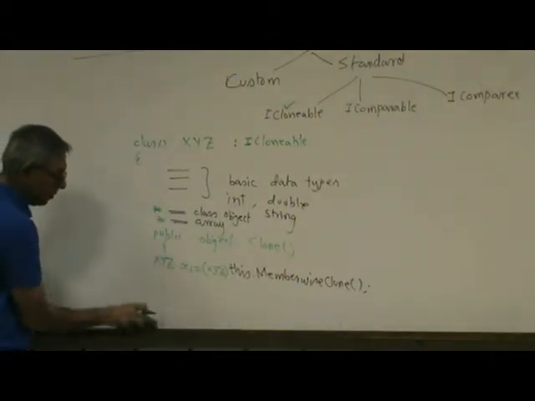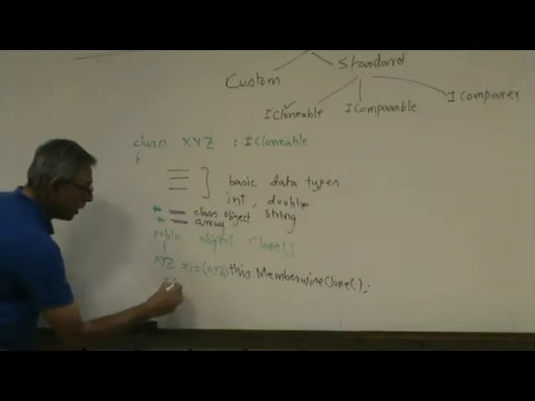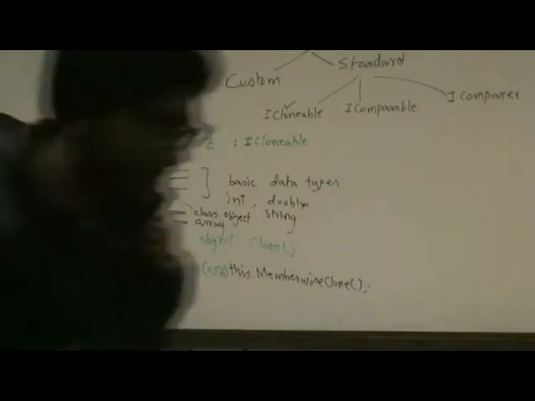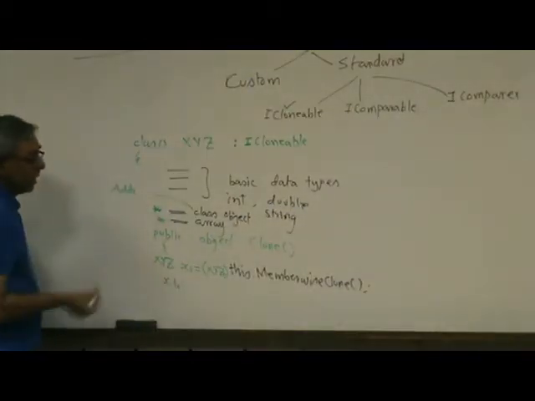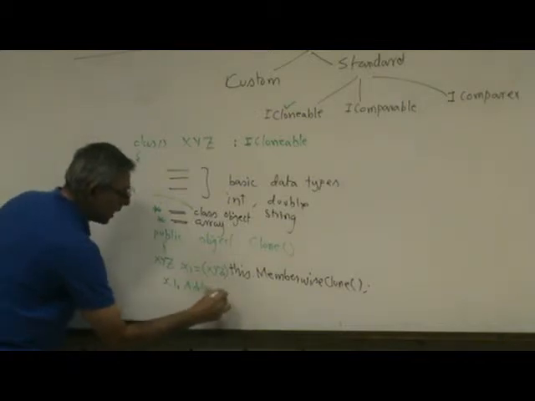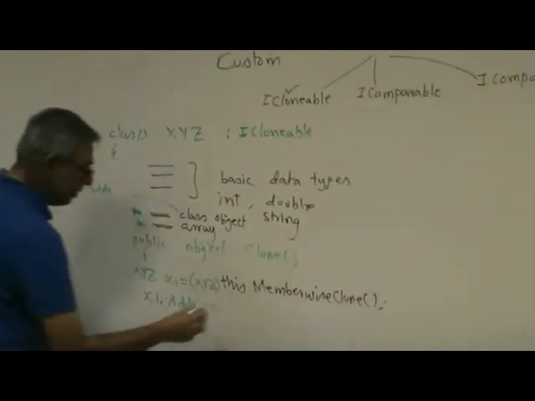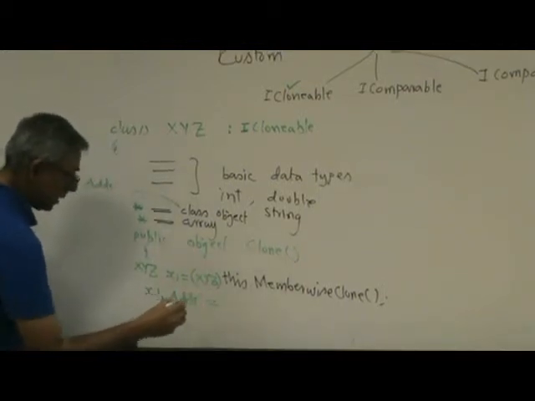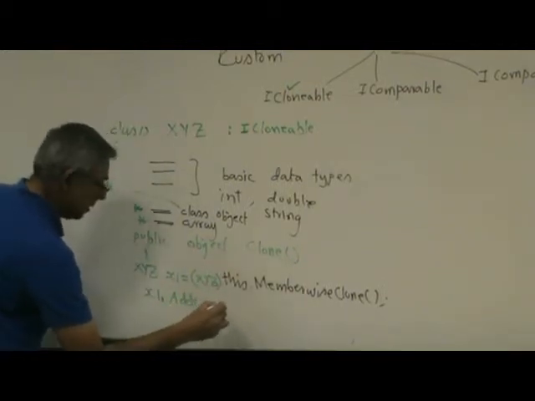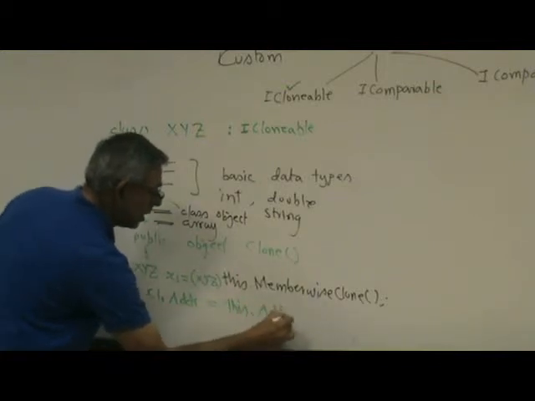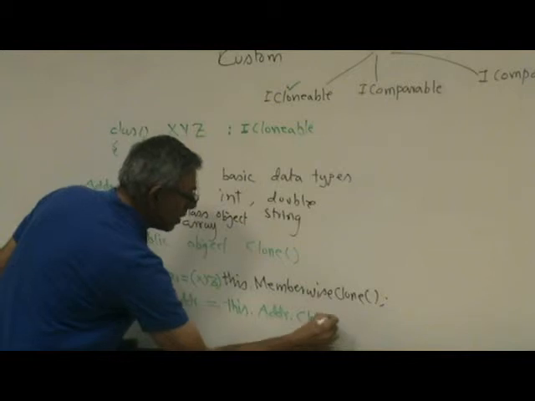Then you have to go one by one. Suppose this field is called address or addr, right? So you will say x1.addr equal to this.addr.Clone.